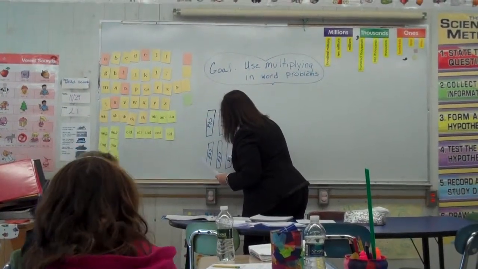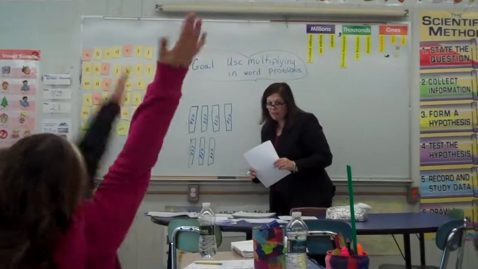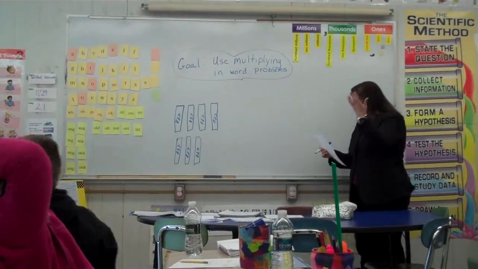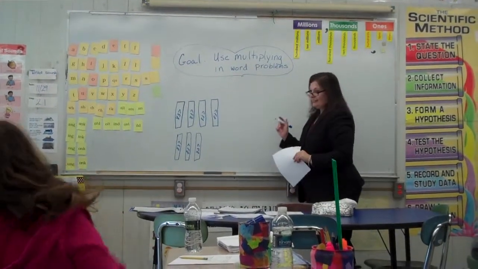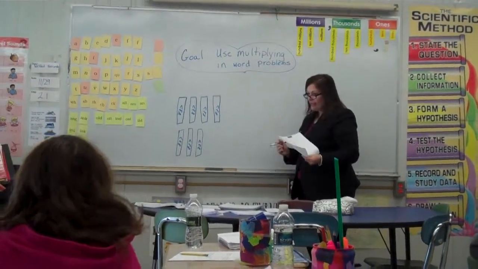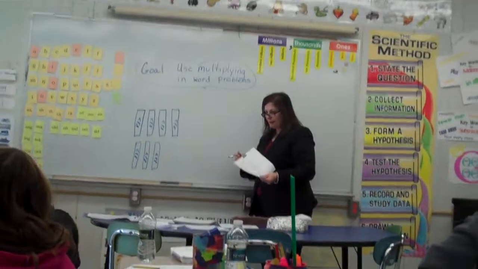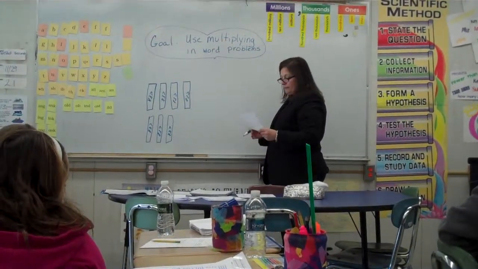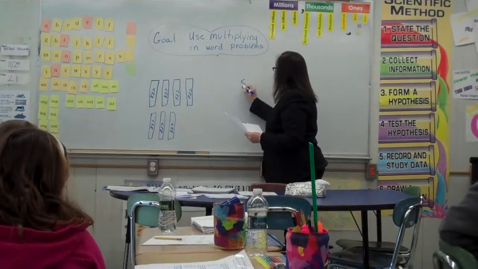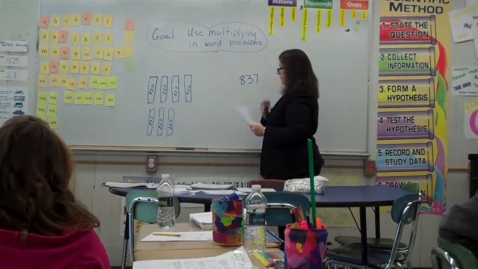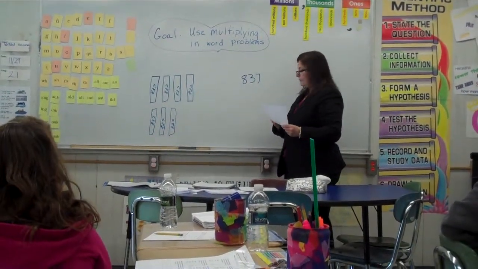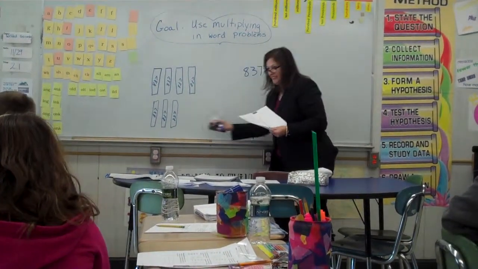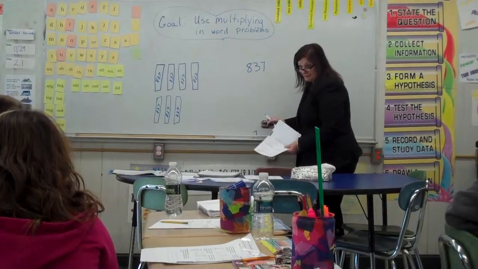All right. Who wants to help me with the multiplication part? Okay, Alberto, keep going. You're doing a great job. All right, so we have to put this into a multiplication problem. You can put 837 and put the 7 down.